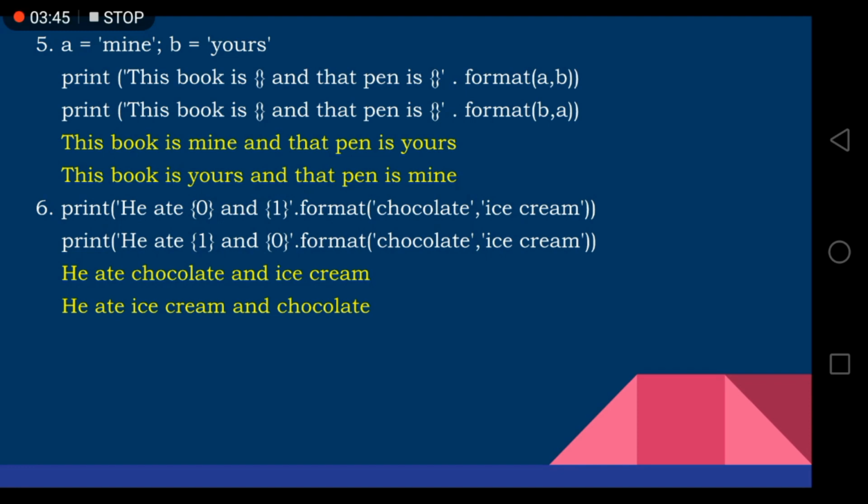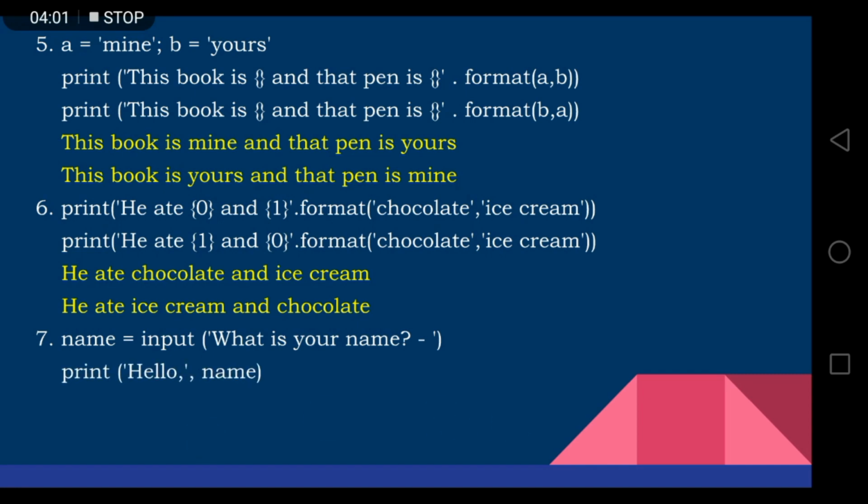So in the sixth example, we are using the placeholder and changing the variable order. Here we are using the index values 0 comma 1, 1 comma 0. Then the seventh example is name is equal to input of what is your name. Print hello comma name. So it gives the value as we have seen before.